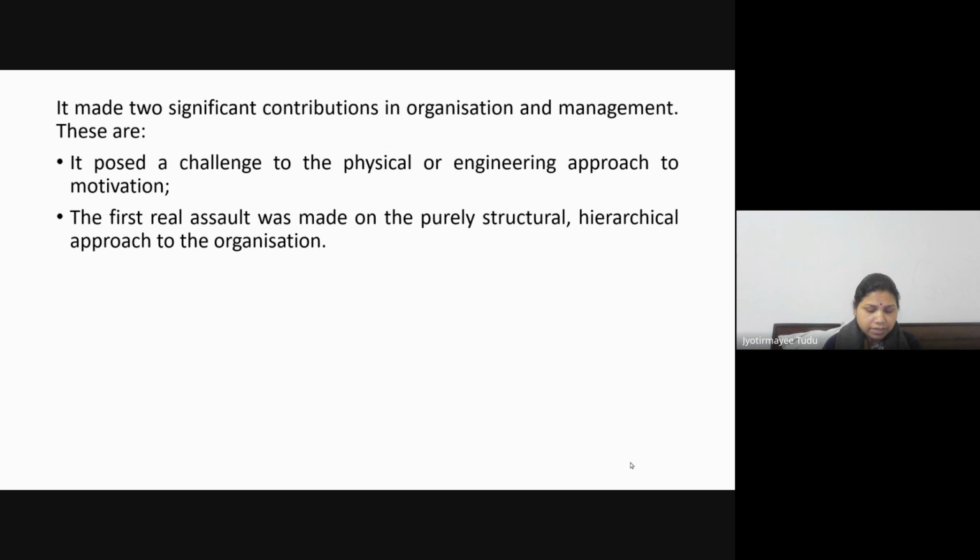As I told you, the classical approach was concerned about the structure. Human relations theory is one of the modern theories of public administration. They were critical of the classical theories' concern: why merely structure?